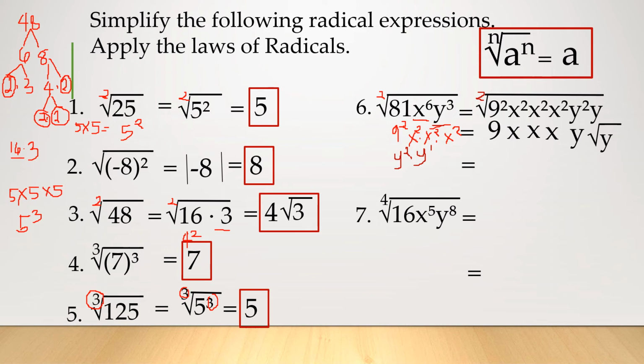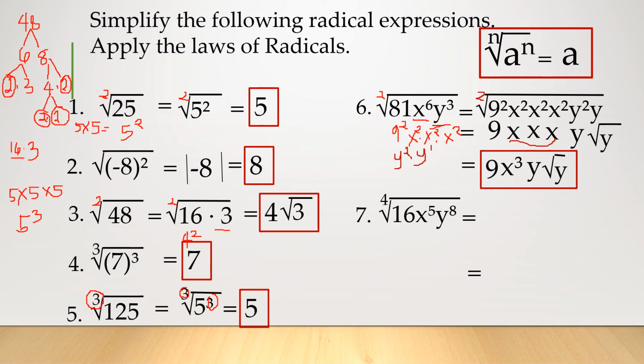Now, I can write this in exponential form as x cubed. So that is 9 x cubed y times the square root of y. That's the final answer. Okay, let's have number 7. So here 16.